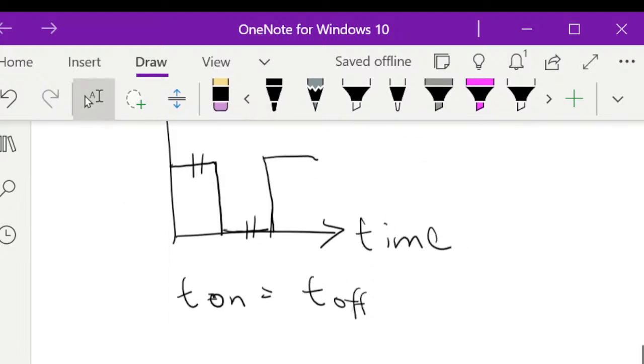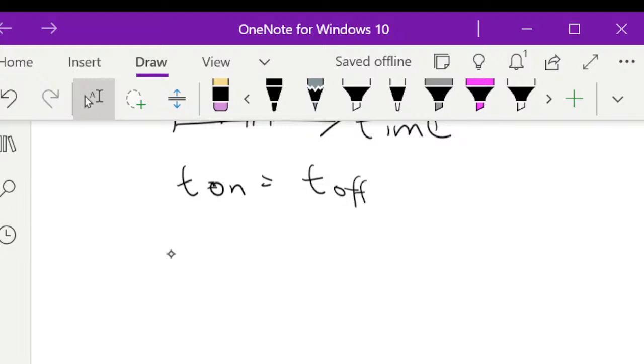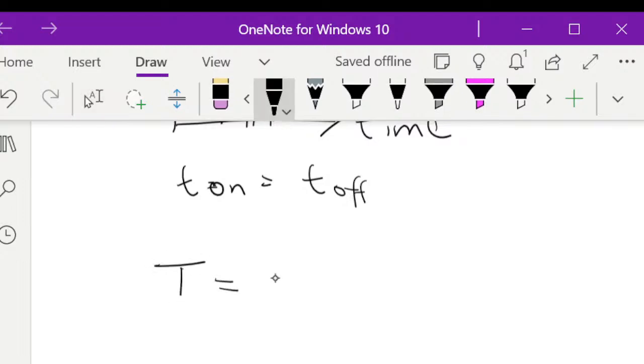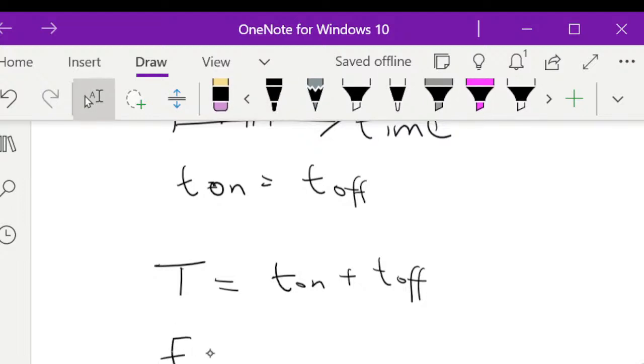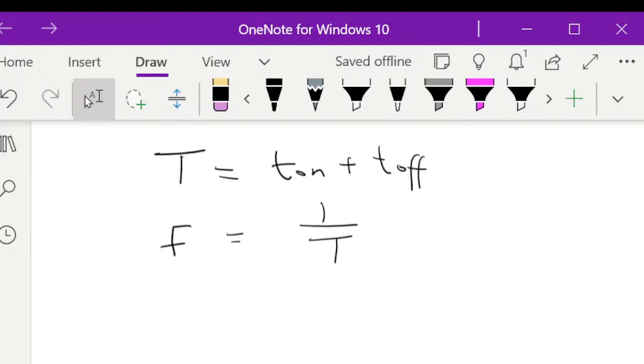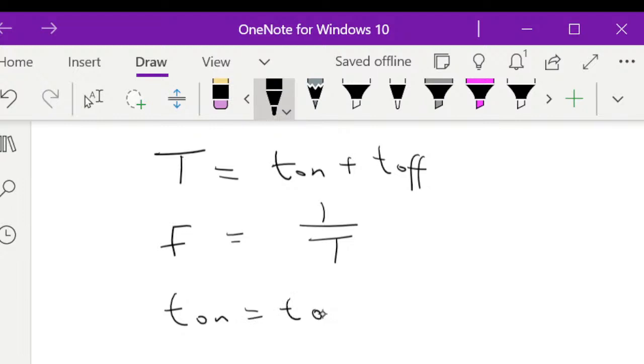and your period is equal to T on plus T off, and your frequency is equal to 1 over T. Your T on is equal to T off, is equal to 0.693 or thereabouts RC.